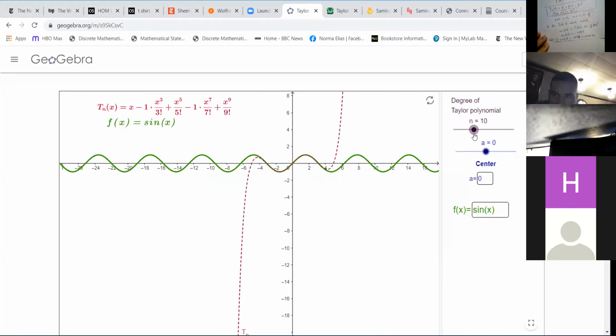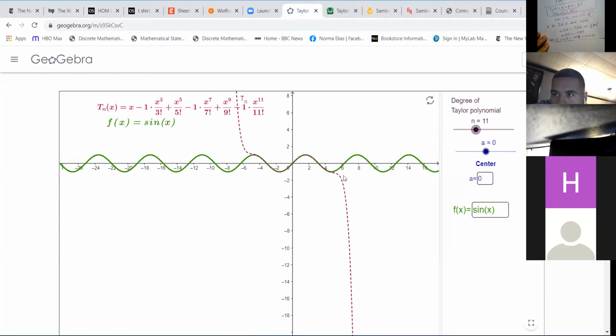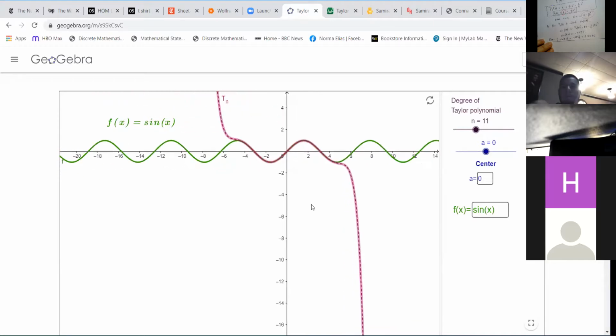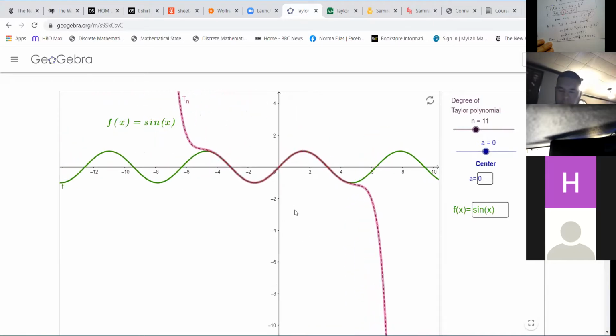If I take the 9th or the 11th degree, you see how far is the range that the function is approximated. Before, we only approximated very close to 0, but now, even when I take the 11th degree, the formula that you will memorize eventually, it should be between -5 and 5, and I'm still very close to the curve. This is the polynomial, that's the approximation, and the green is the actual function. You can barely distinguish graphically between them because the error is so small. The red is the polynomial, the green is the function.